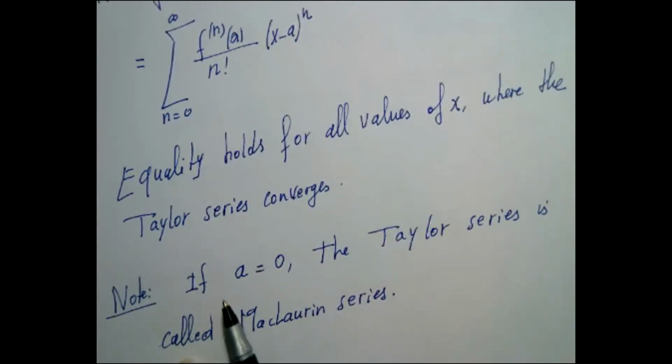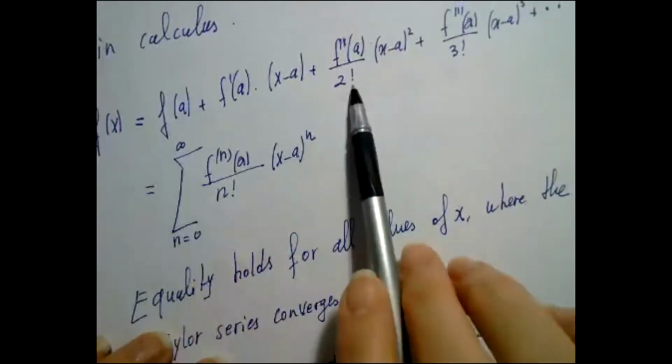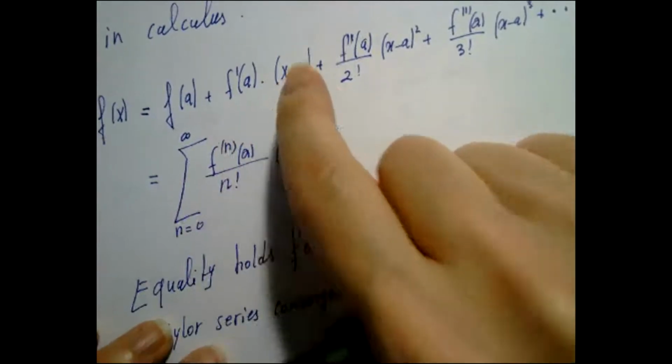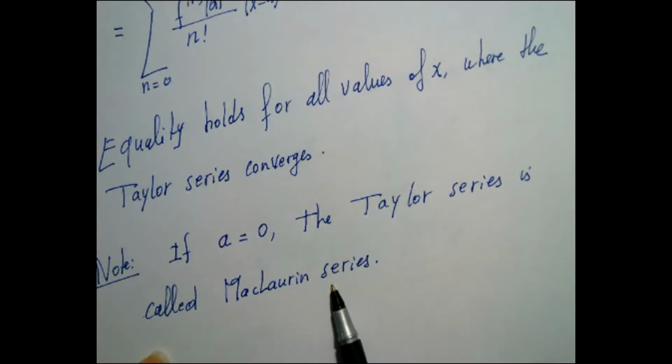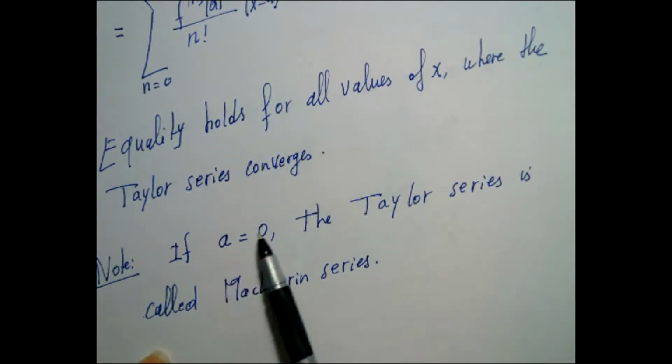Finally, a note. If A is 0, it means if I find the Taylor polynomial at 0, so f of 0, f prime of 0 times x, and so on, then the Taylor series is called, it's just a name, the Maclaurin series. So the Maclaurin series is the Taylor series where the center A is 0.